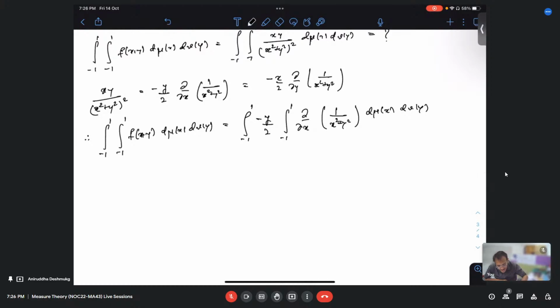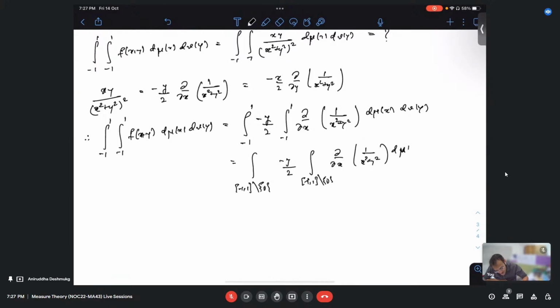Again, since for a fixed y non-zero, of course, this is a Riemann integrable function on minus 1 to 1, I can write it as minus 1 to 1 minus 0, minus y by 2, and then x cannot be 0, so minus 1 to 1 minus 0, derivative of 1 over x square plus y square, d mu x d mu y.